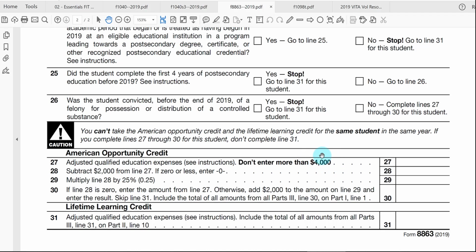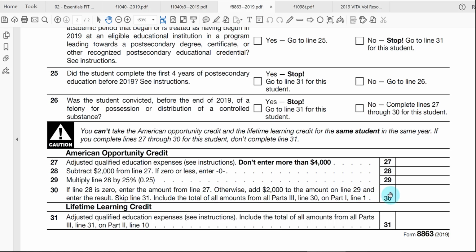But this is not the amount of the credit. You have to go through a formula. The first $2,000 of this amount will qualify dollar for dollar for the American Opportunities credit. Anything in excess of $2,000, up to another $2,000 to get to this $4,000, only 25% is eligible.